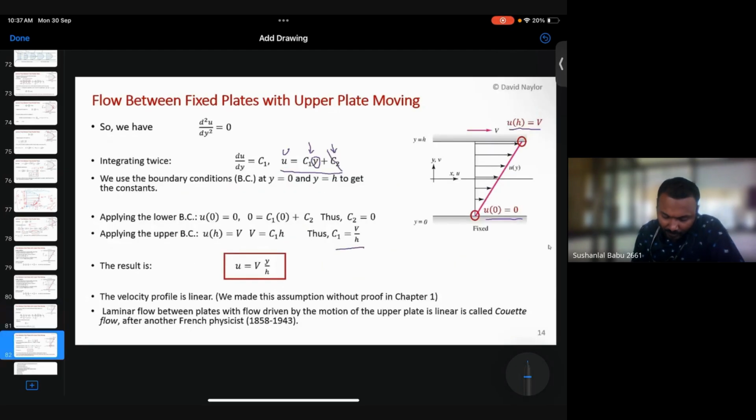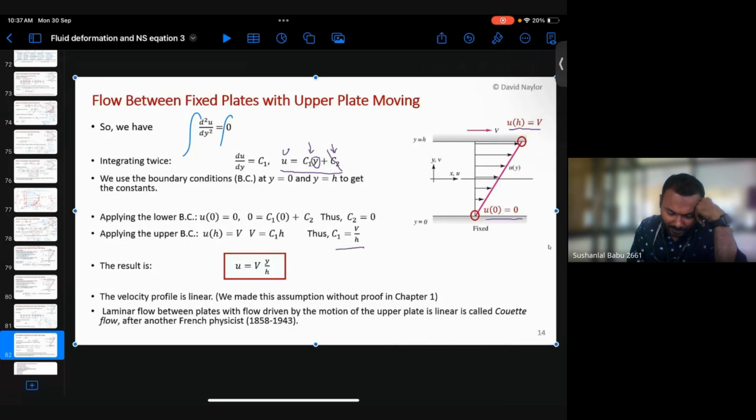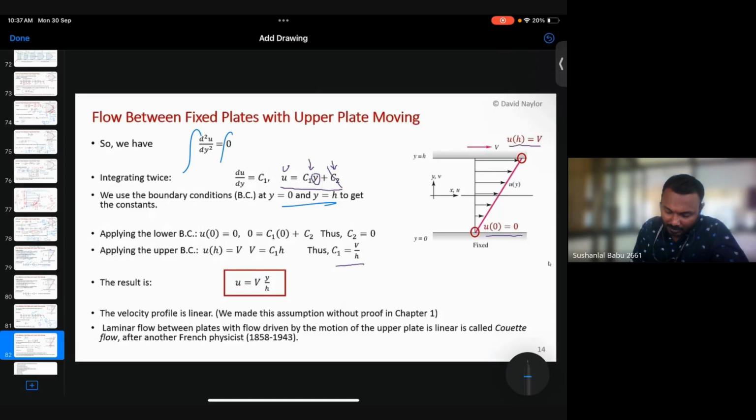Now if you integrate, you will get du by dy is equal to c1. Again if you integrate, then u is equal to c1 y plus c2. Then we will apply the boundary conditions at y is equal to 0 and y is equal to h.